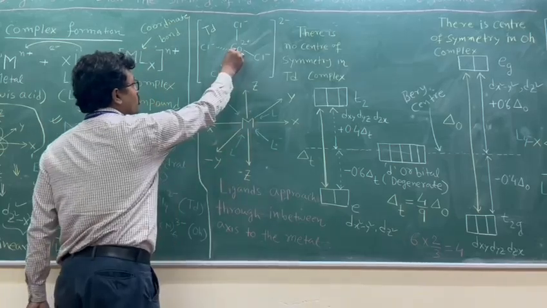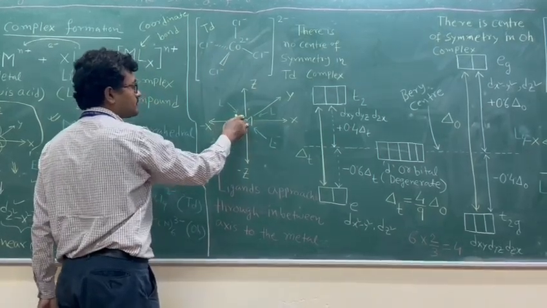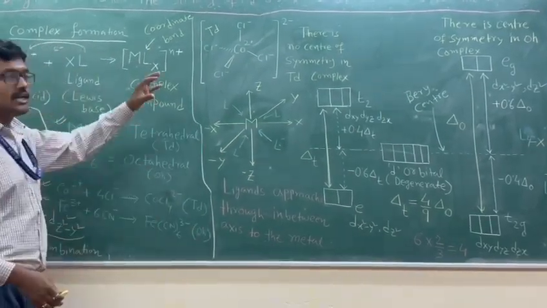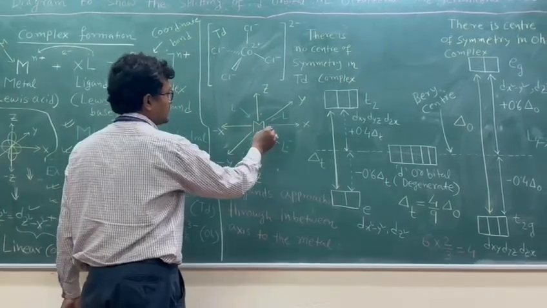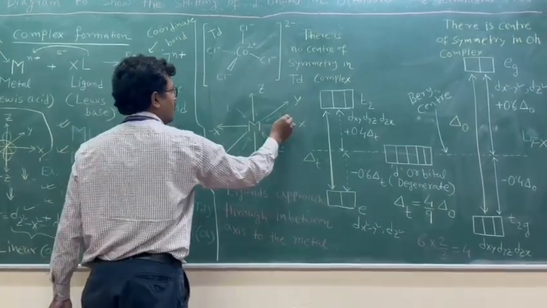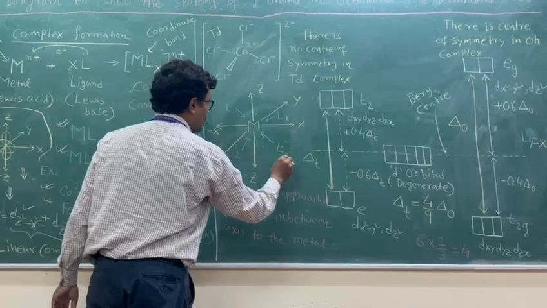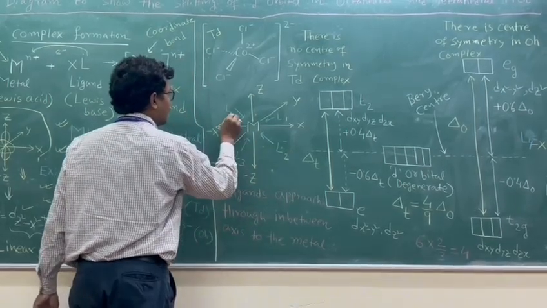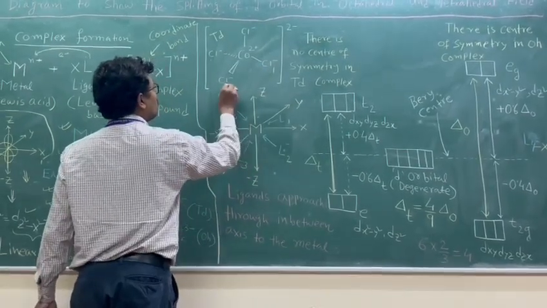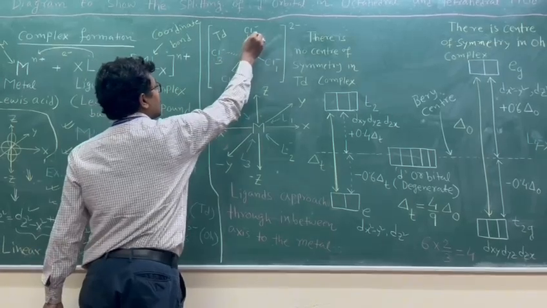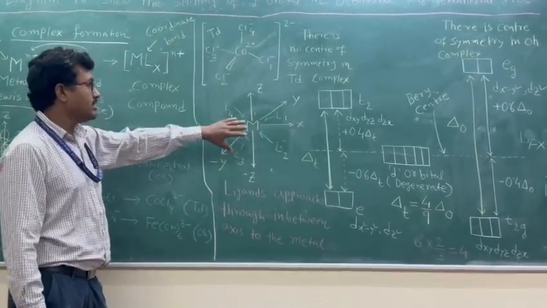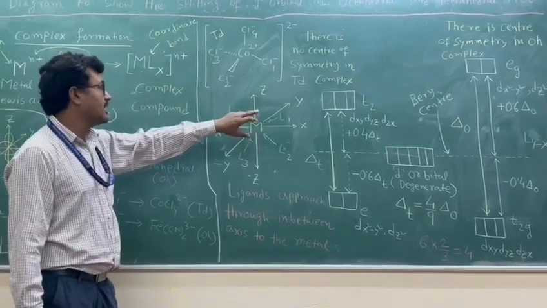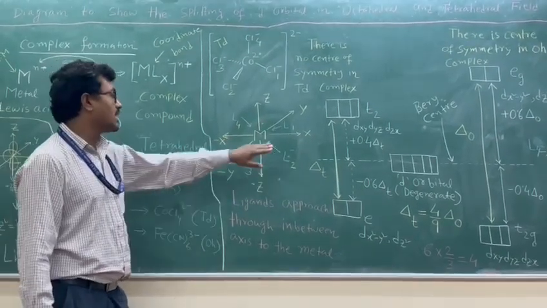Say this is our cobalt, so it is our metal, and when this tetrahedral complex is forming, the ligands are coming in between the axes. Say ligand 1, ligand 2, ligand 3, ligand 4. So these ligands are coming to the metal in between the axes. They are not coming along the axis.